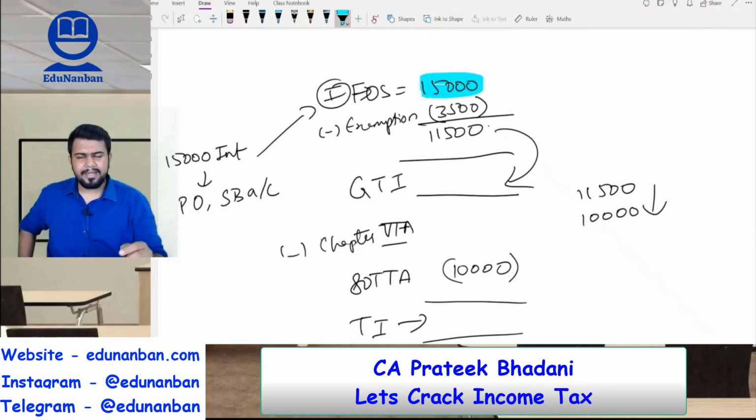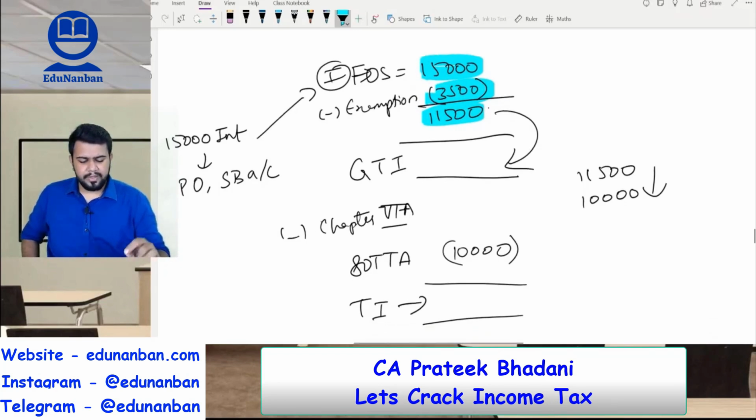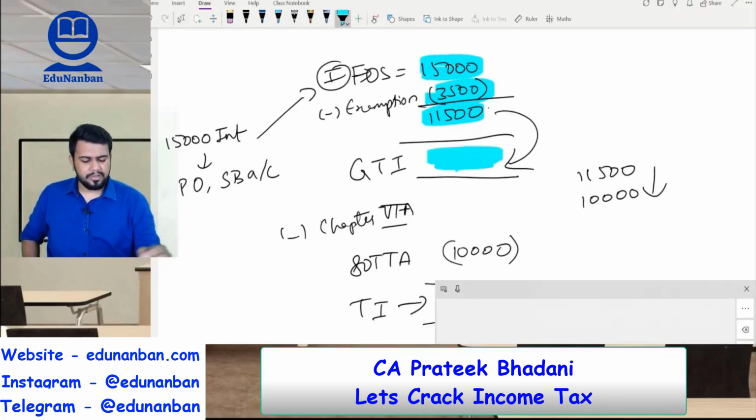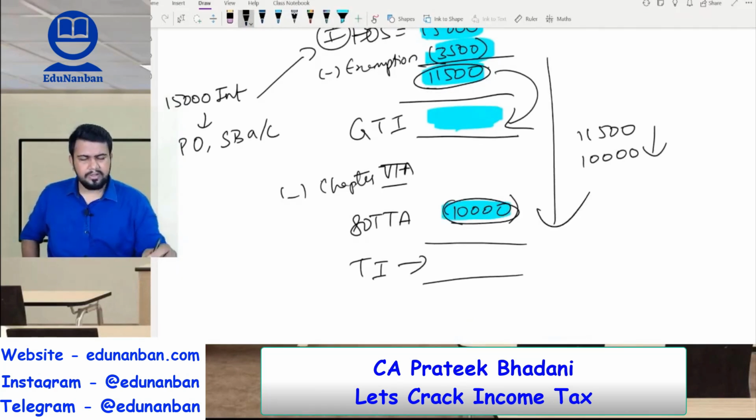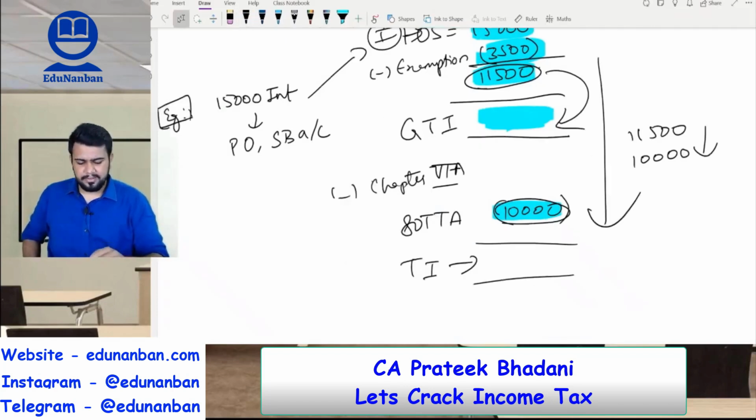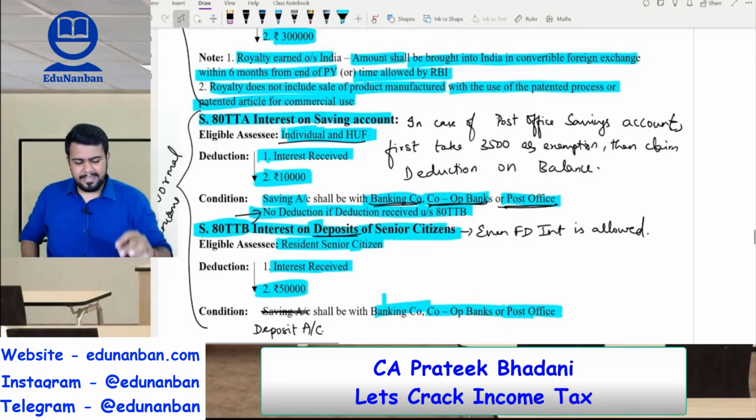So first claim exemption under IFOS chapter 3,500. Balance how much? 11,500. Okay, which will be included in the gross total income. Now while claiming the deduction, you can claim the actual income, that is 11,500 or 10,000, whichever is lower, as deduction under 80TTA.